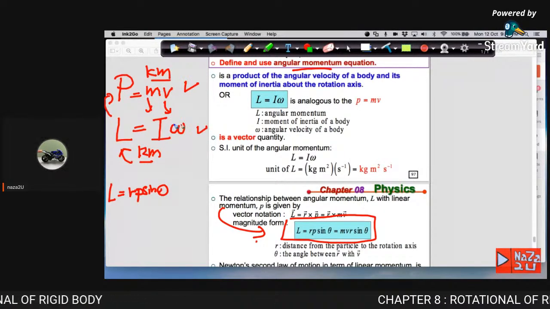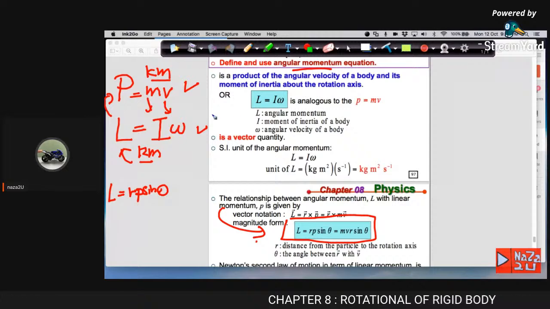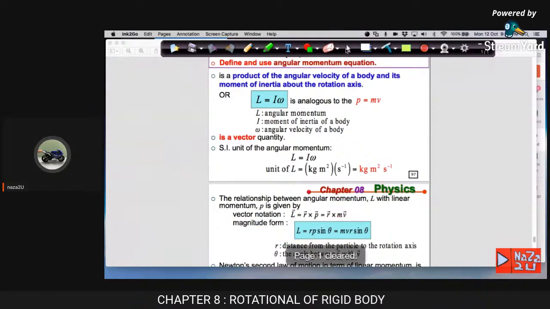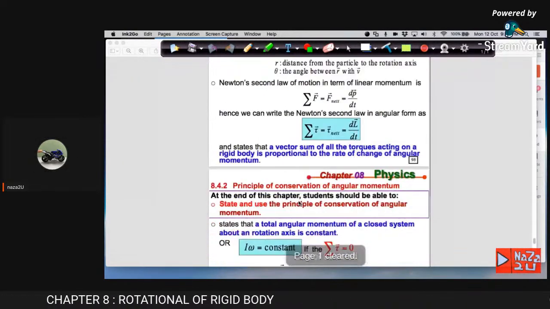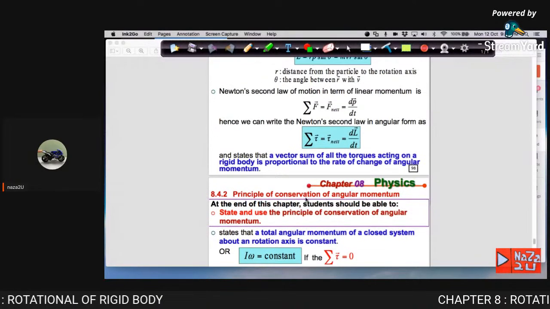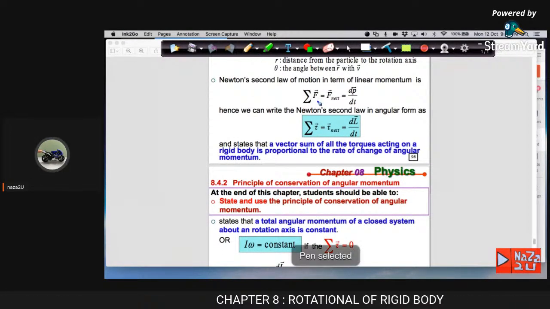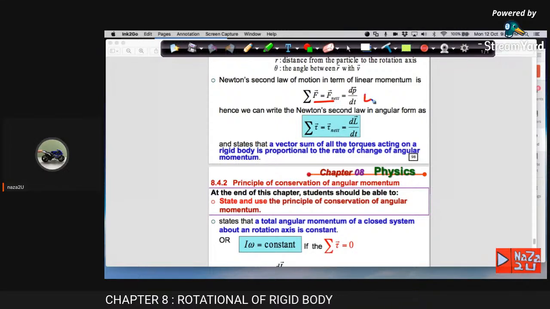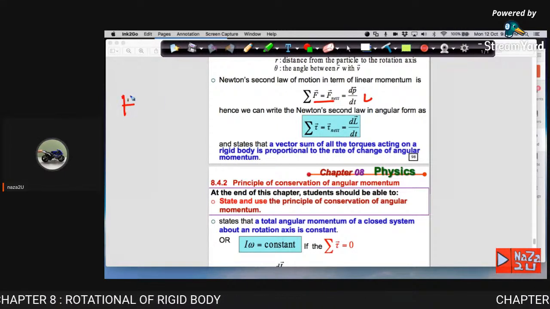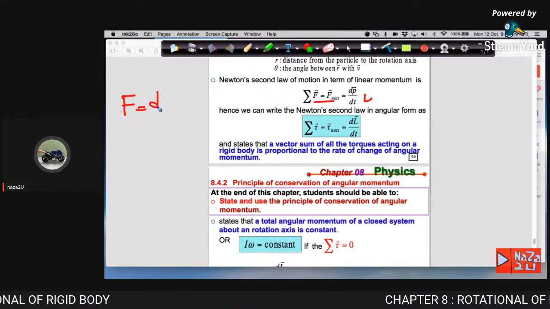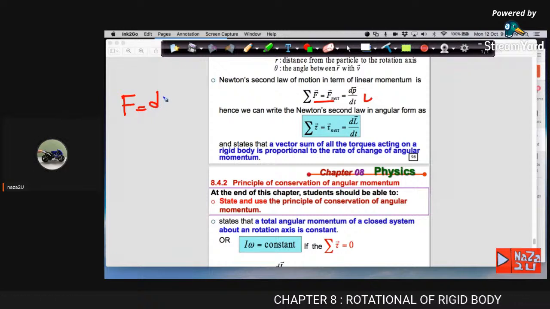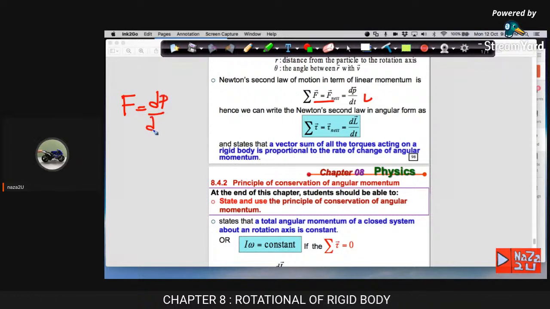Angular momentum adalah moment inertia times omega. Okay, so di sini dia kaitkan, how you can relate between force and momentum. Yes, second Newton law kan, kalau kamu masih ingat, F is equal to the rate change of momentum.